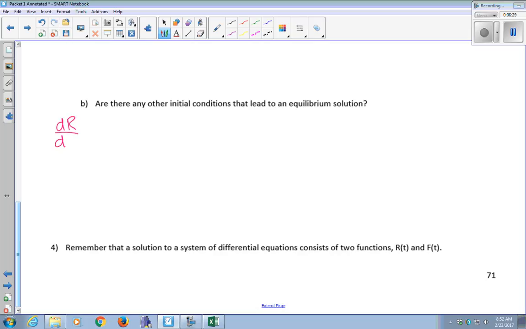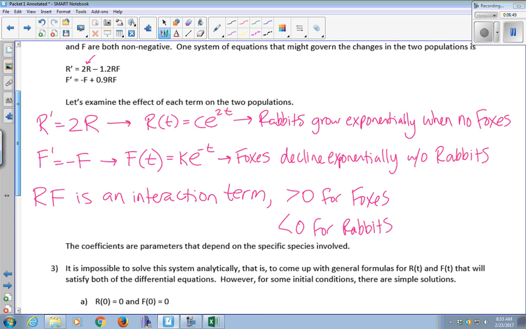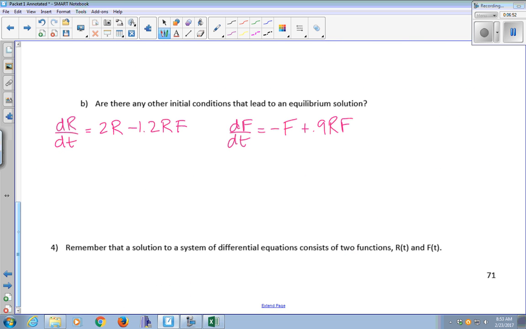So dR/dt was 2R minus 1.2RF, and dF/dt was negative F plus 0.9RF, right? Double check it. Yeah. Okay, so I want to know when both of those are 0. When neither population is changing, their derivatives will be 0. So this is just two equations with two unknowns. I can solve for R and for F.